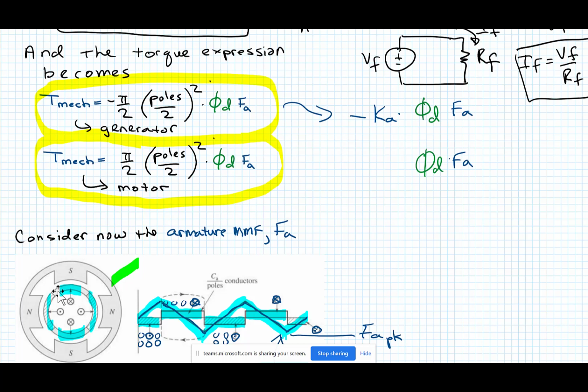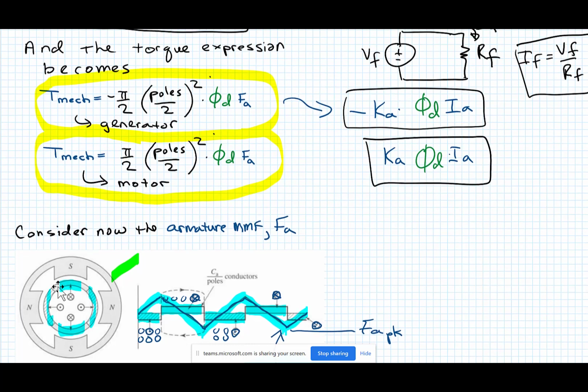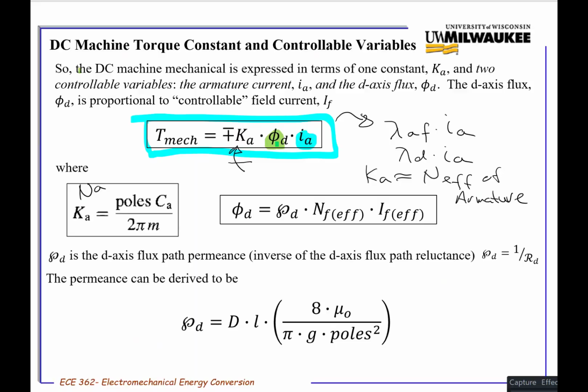I'm sorry, Ia. I screwed that up. This is Ia, and I'm making it capital. It's in steady state. It's DC. And it's a Ka. Okay, so this is the expression that you can get back to everything else from there. Positive if it's a motor, negative if it's a generator. And that's what we're showing right here.